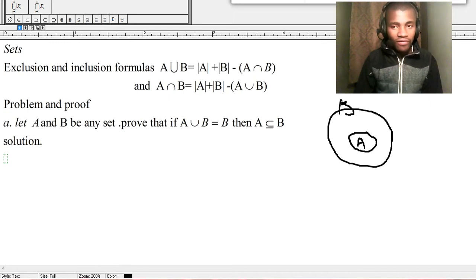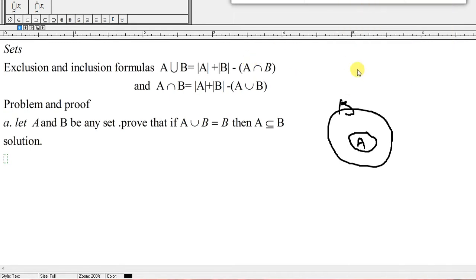For now let's solve the problem, and we can do everything together.